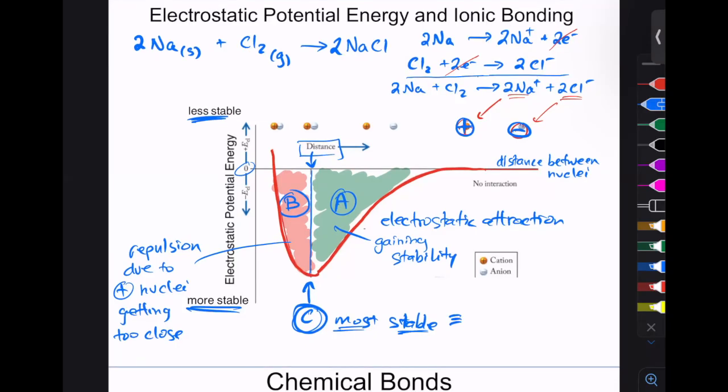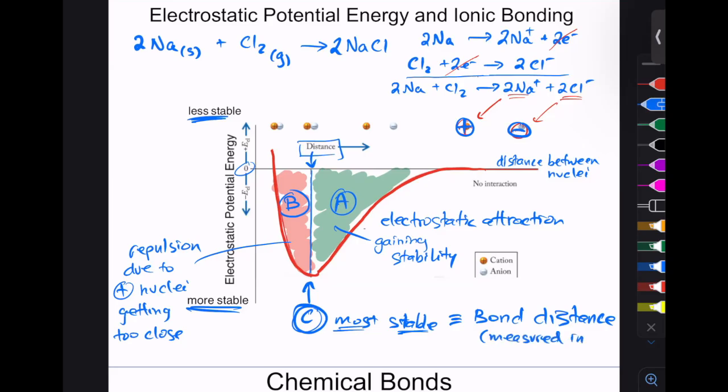It's a bond distance. We can measure this. That's going to be that most stable position. That's the trade-off, the balancing act between the stability gained opposed by the repulsion due to them being so close together.